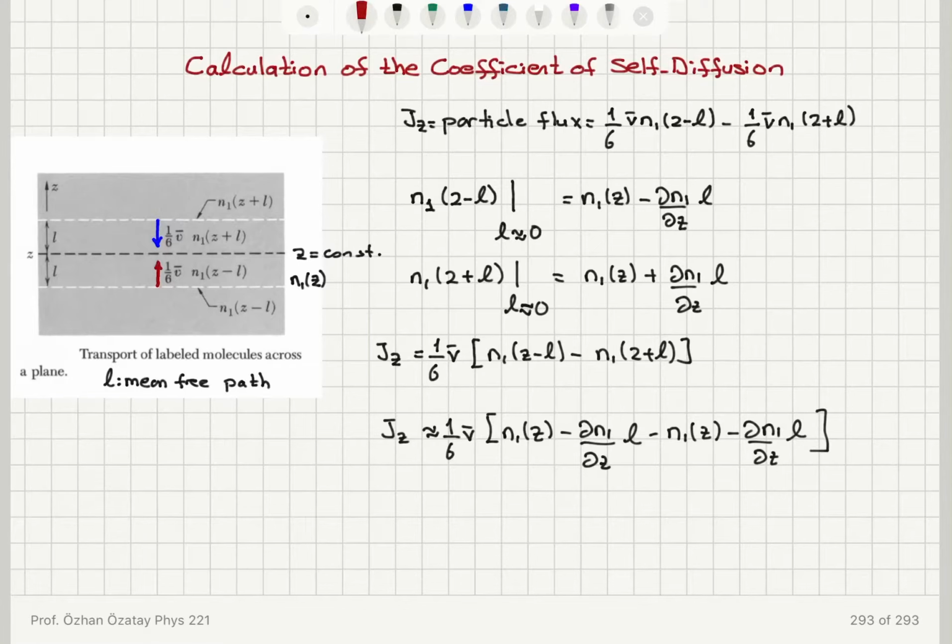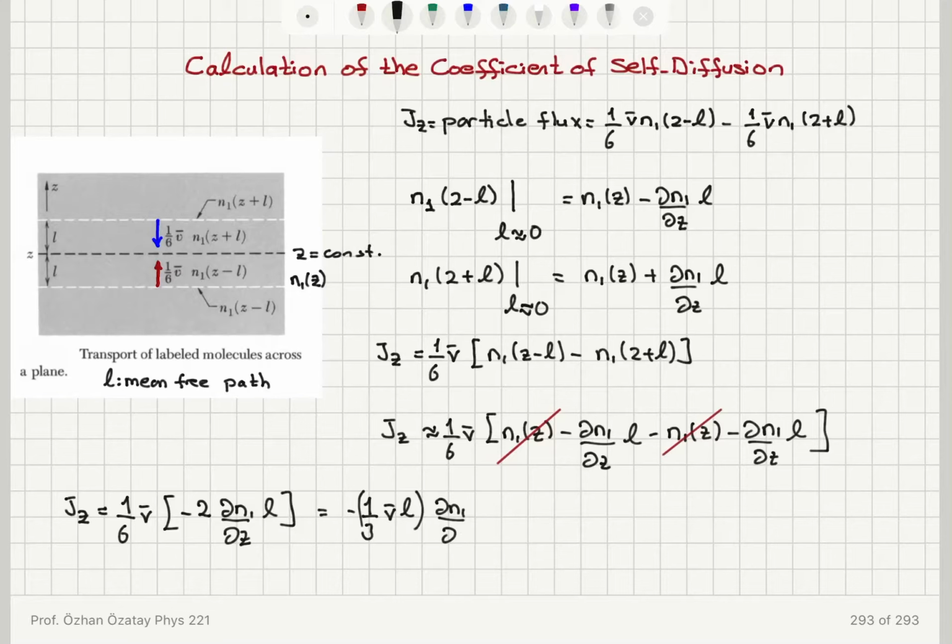So we have the cancellation of N1 at Z, and we obtain for the particle flux 1 over 6 V bar times minus 2 del N1 del Z times L, and this is basically minus 1 over 3 V bar L multiplied by del N1 del Z.